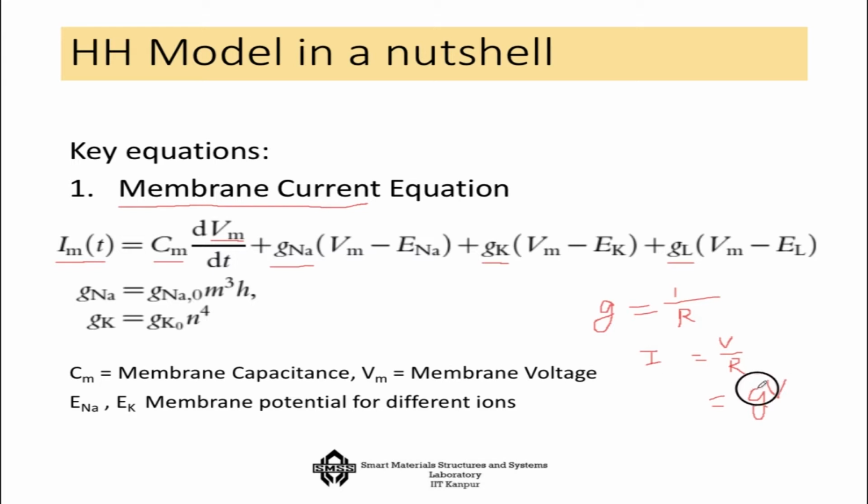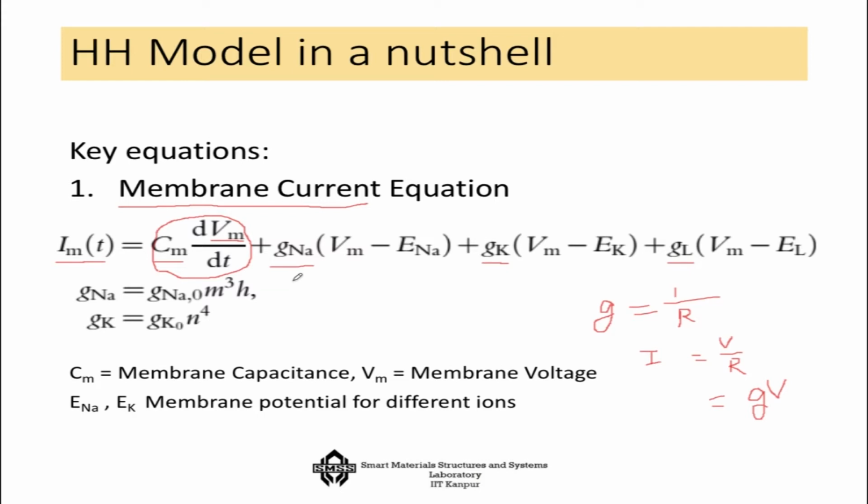That's the difference that we have to keep in mind. And of course the other part of the current, related to the capacitor, remains the same, because it is in relation to the capacitance, and that is Cm dV/dt.